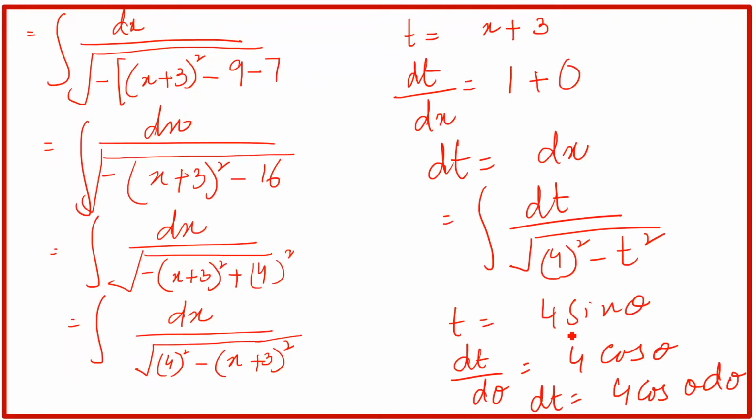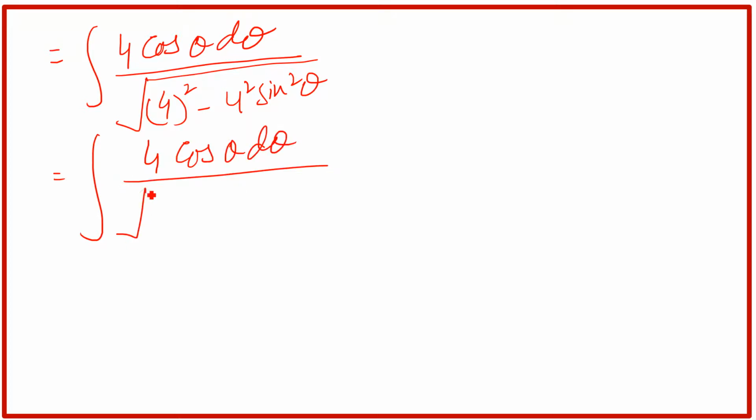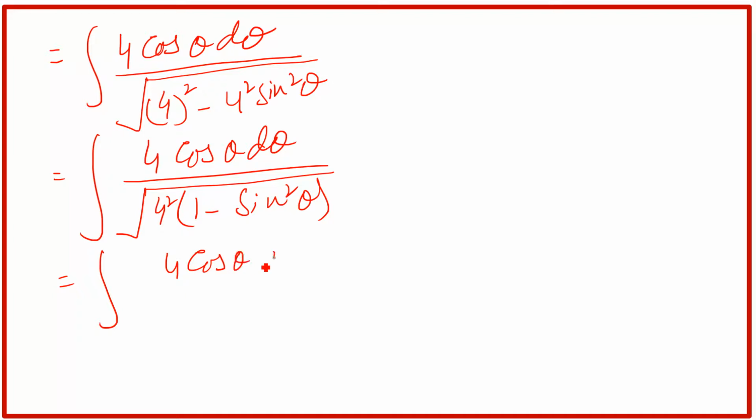One more time I will show you from here: 4 square minus the value of t square, which is 4 square sine square theta. So this is the integral of 4 cos theta d theta divided by the square root of, in the first step, taking 4 square common. In the parenthesis we have 1 minus sine square theta left, which you know is equal to cos square theta.